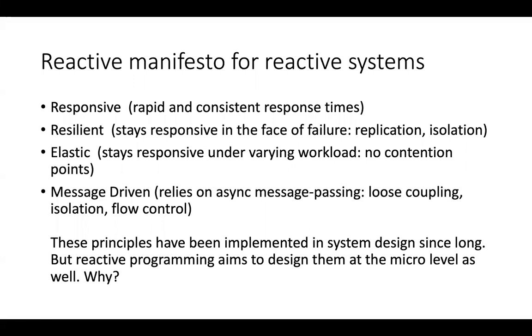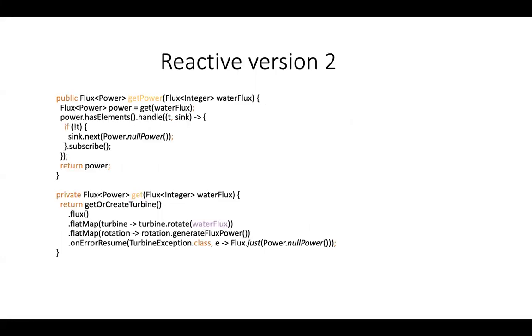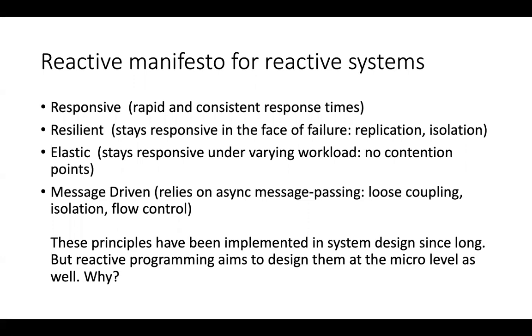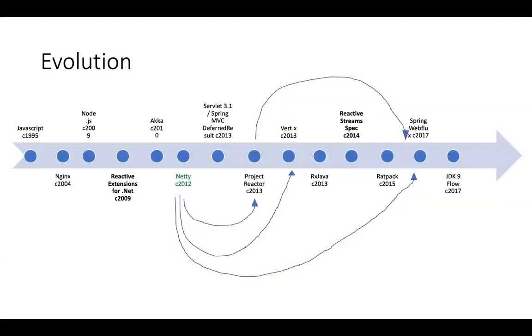Okay, this is one of the slides taken. So how did the evolution of reactive programming happen? Yeah. So we had JavaScript in the very beginning, 1995.